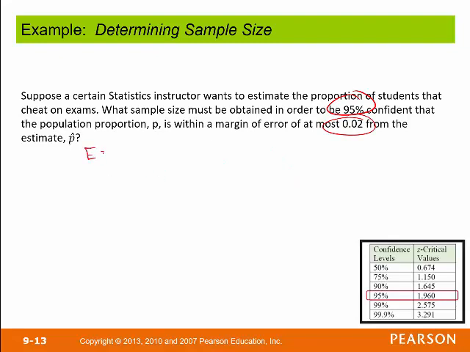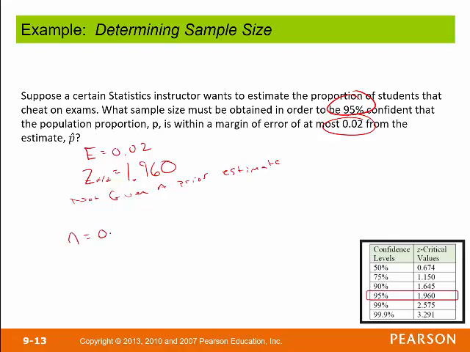So you're given the margin of error. The z critical value comes from a 95% confidence interval, so 1.960. And you're not given a prior estimate; it's nowhere listed in there.